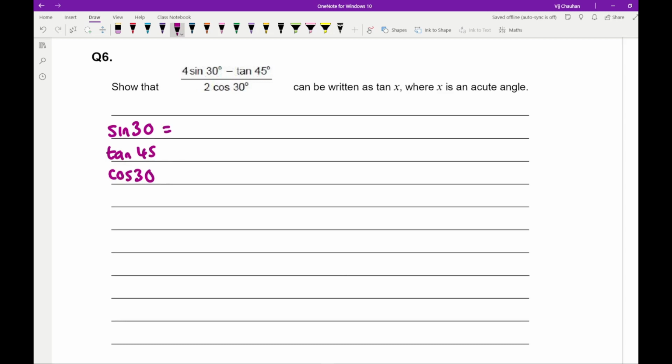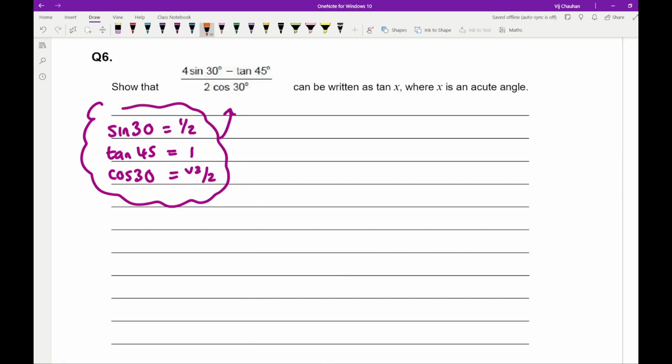So sine 30 is equal to a half, tan 45 is equal to 1, and cos 30 is equal to root 3 over 2. Substituting these values into the fraction we've been given, I'm going to get 4 lots of a half minus 1, all divided by 2 times root 3 over 2.